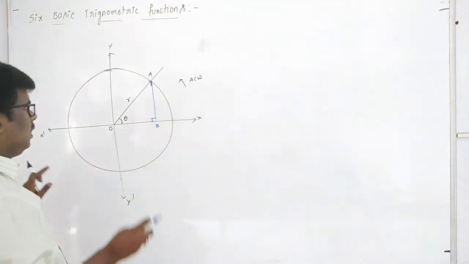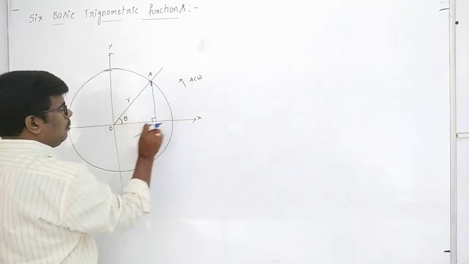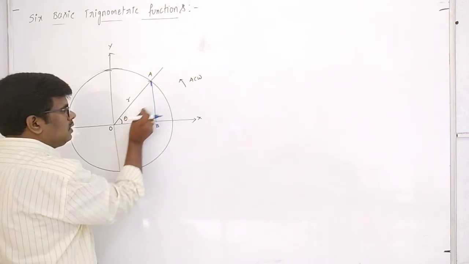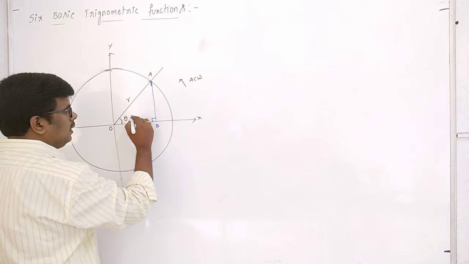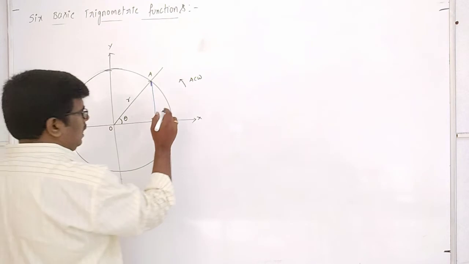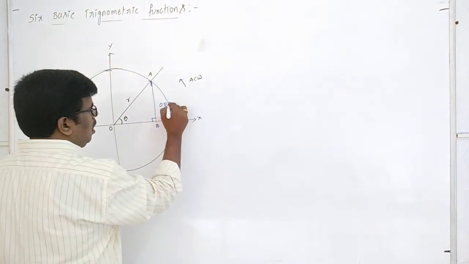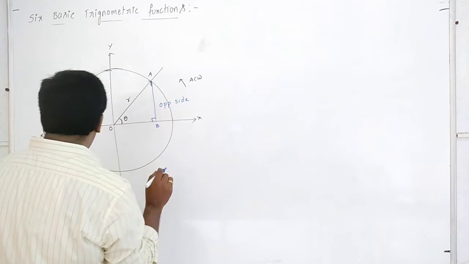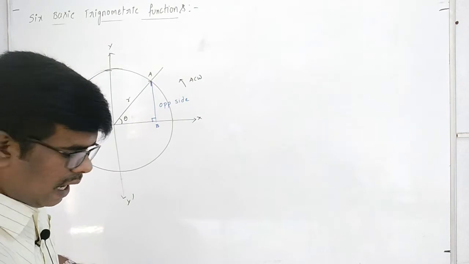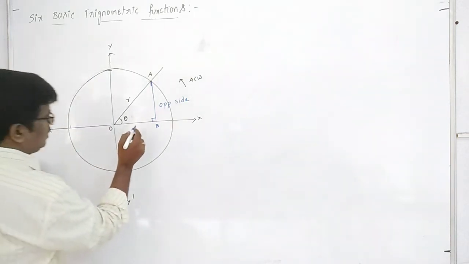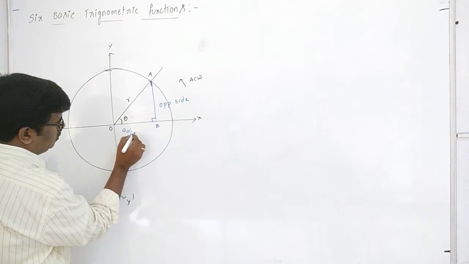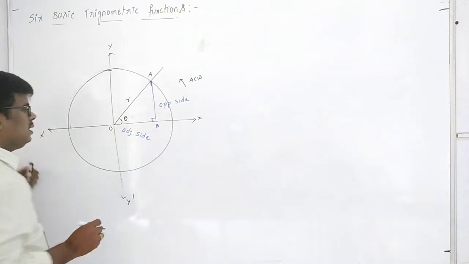Now in this triangle OAB, the side which is opposite to the angle is called the opposite side. The side which is adjacent to the angle is called the adjacent side.